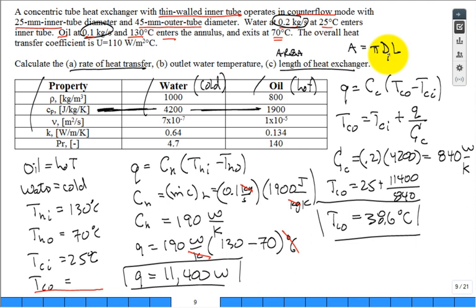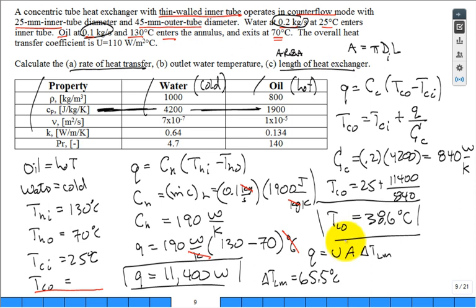I use my rate equation, which is Q is equal to U A delta T log mean. I know all four temperatures, inlet and outlet of both fluid streams. And so in the interest of space, delta T log mean comes in at 65.5 degrees C.